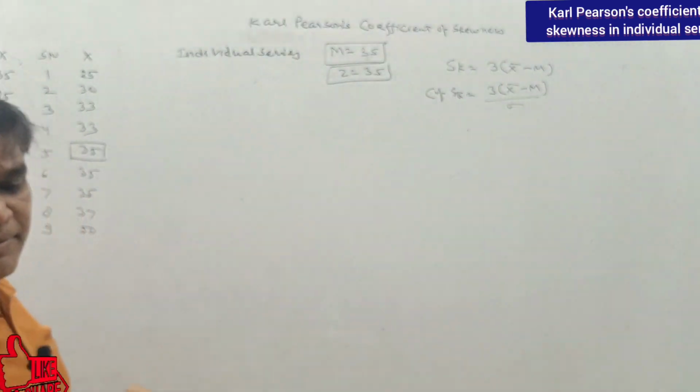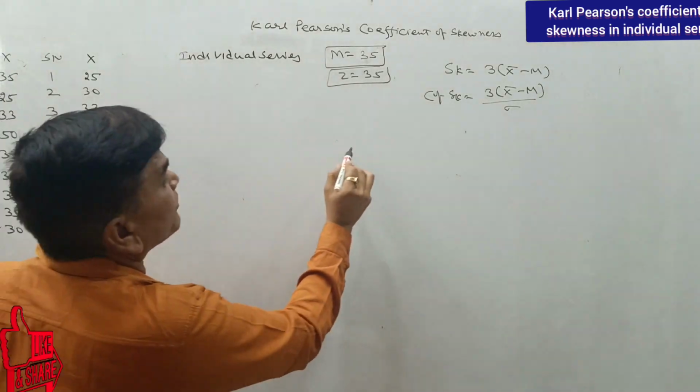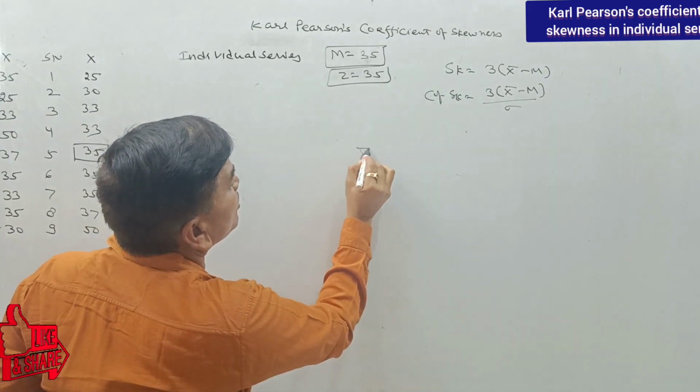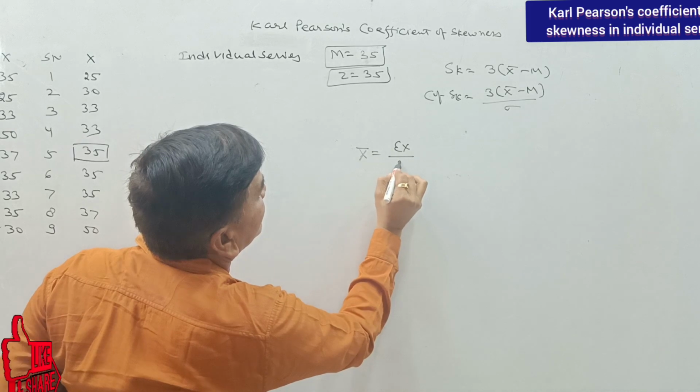Second, we want the value of x bar. The value of x bar is equal to sigma x divided by n.